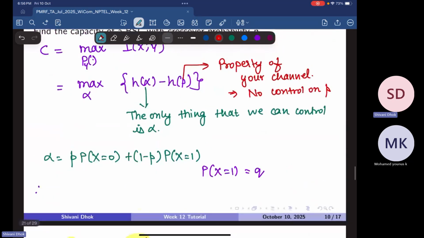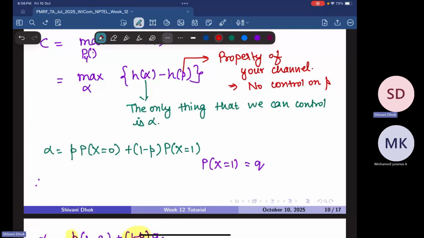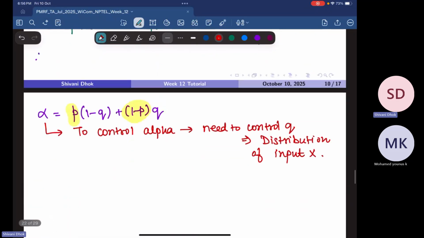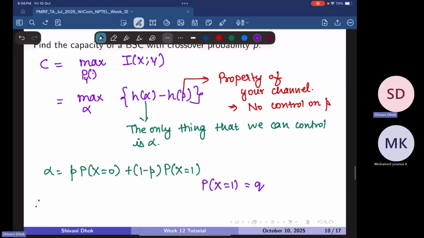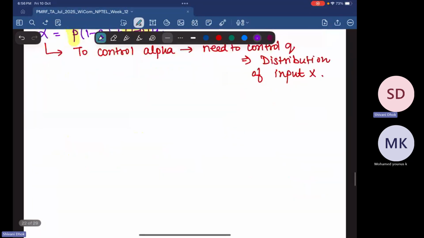But now we'll first try to get the value of alpha that maximizes the capacity. This capacity, which is the max over alpha, I can also write as C equals max over alpha of h of alpha minus h of p.